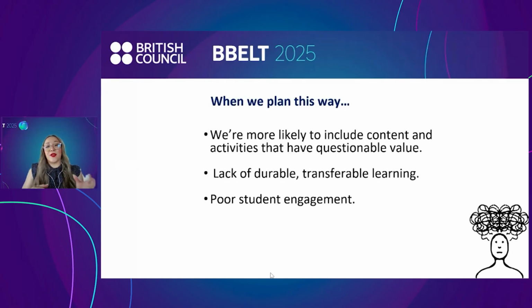When we plan in this traditional way, we are more likely to include content and activities that will have questionable value to our students. There will be a lack of durable and transferable learning and meaning for our students in what they saw. And overall, we will see poor student engagement. Why? Because they will feel disappointed or frustrated in either the results or the lack of knowledge that they are presenting.